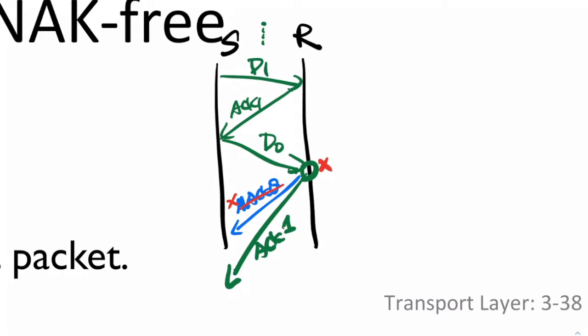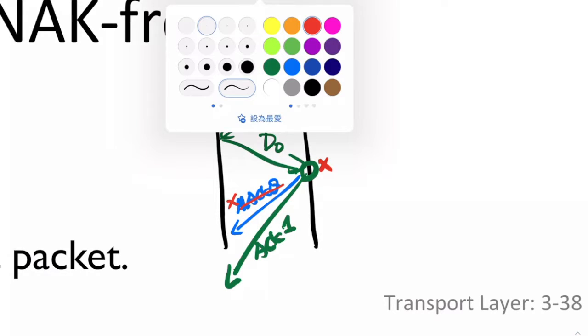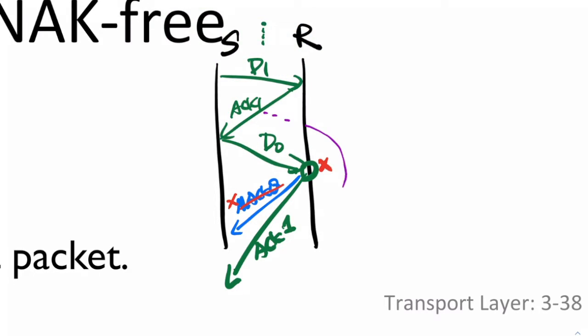So in order to inform the sender that this D0 has something wrong, the receiver decides to send ACK1 again, and this ACK1 is actually a duplicate ACK1 at this moment.